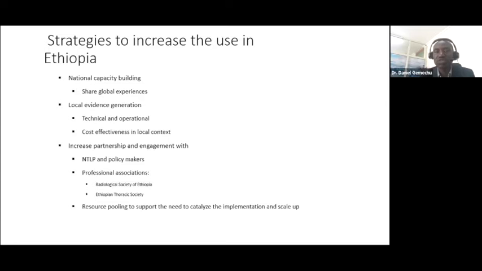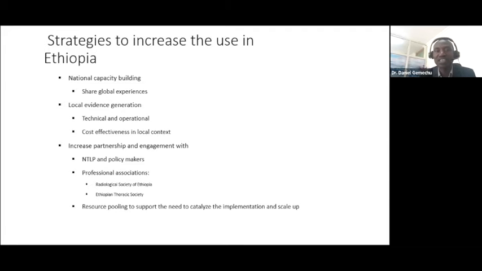The second area where we need to really increase our engagement is we need to support local evidence generation. As I've mentioned earlier, the 4 vans which are AI mounted with CAD for TB have actually provided more evidence that they showed the capacity of filling the gaps that the health system is having: the human resource capacity, the infrastructure capacity, and the cost capacity is really being addressed by using this technology.